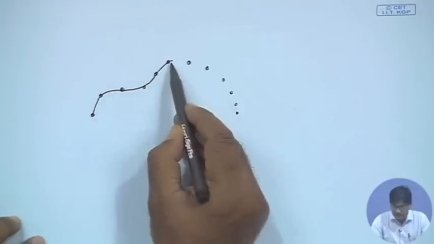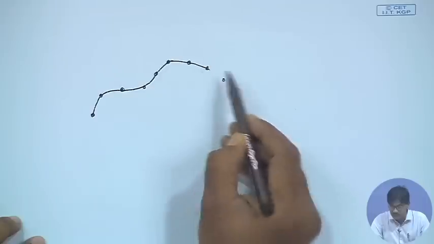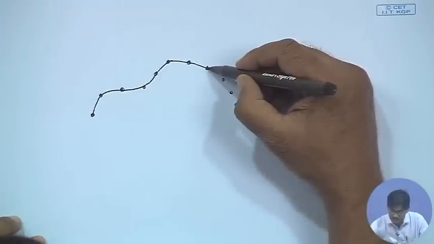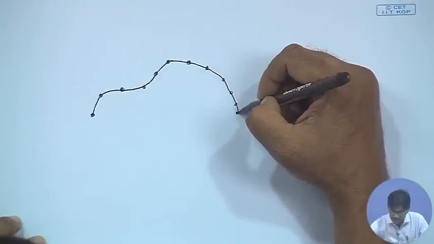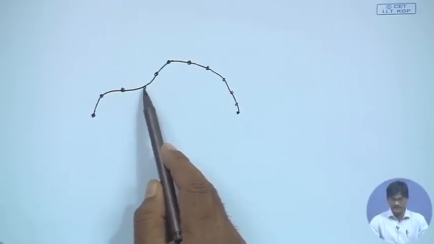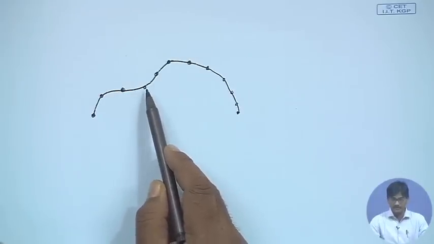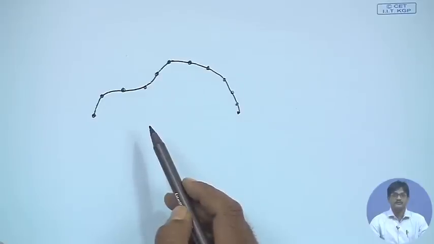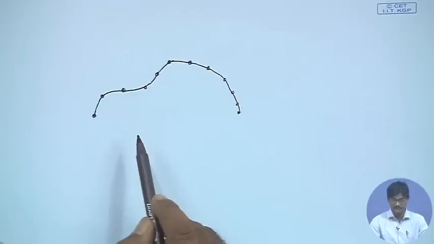It should have positional continuity, that means it should pass through all these positions, and it should have directional continuity, that means commonness of the slopes, and curvature continuity through all these points.